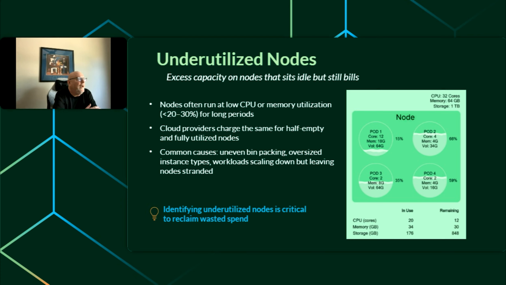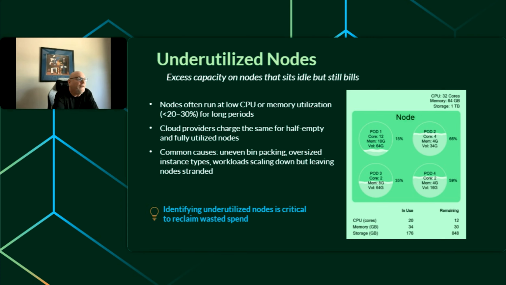And what happens is, this is driven by things like uneven bin packing, instances that are oversized, or sometimes we even see workloads get scaled down, and those nodes then are just free. They're just out there, idling, not really doing much. And your cloud service providers prefer that you let those resources continue to run, even if they're not properly scaled.